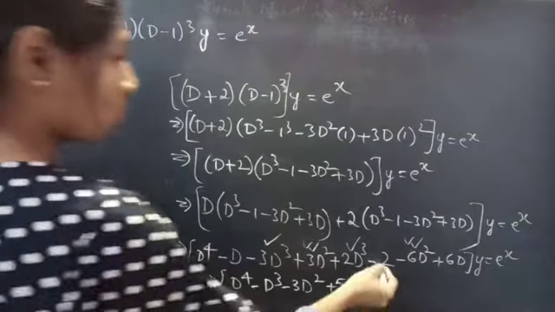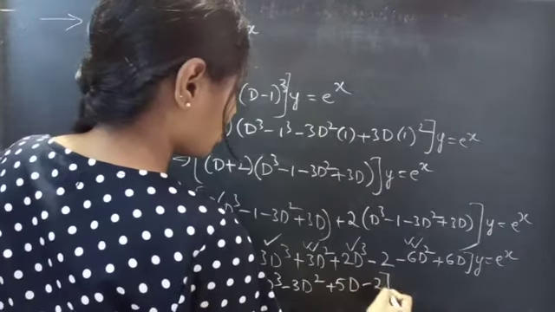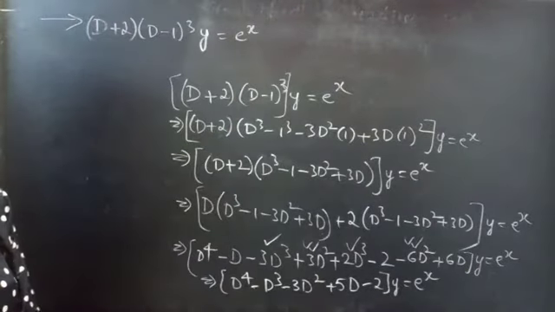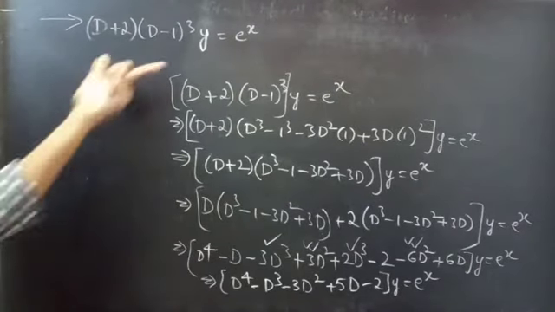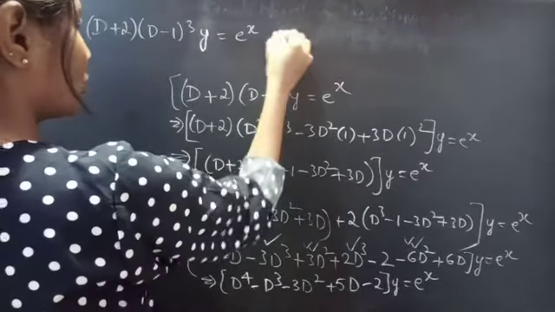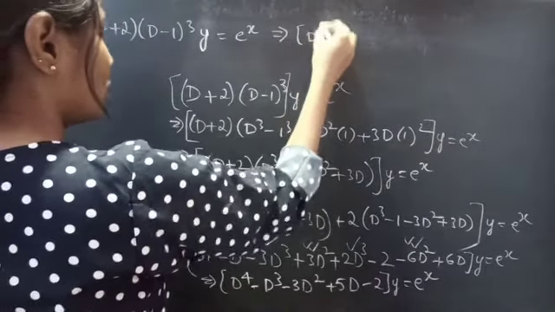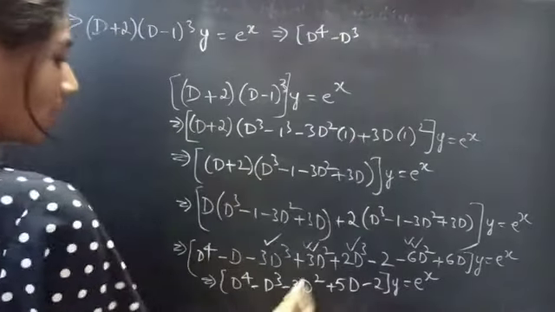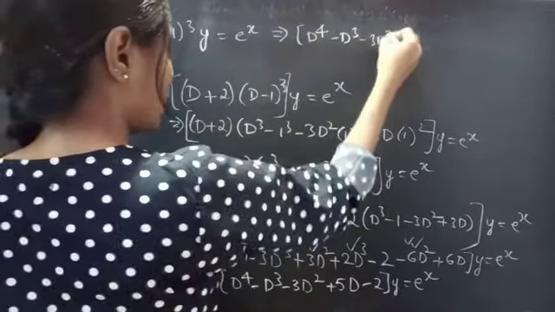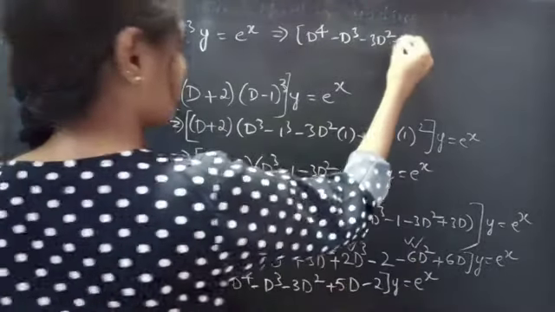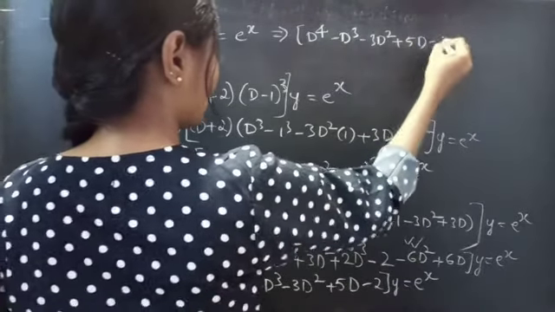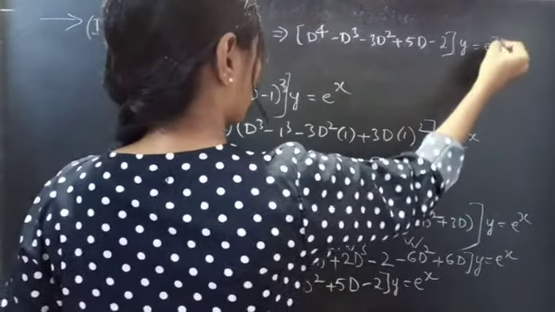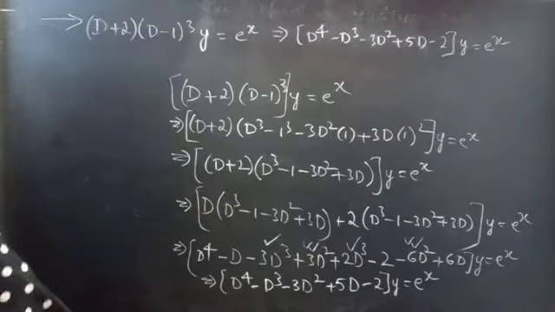Constants: minus 2, into y equals e^x. So we can write the given equation as (D^4 - D^3 - 3D^2 + 5D - 2) y = e^x, right?